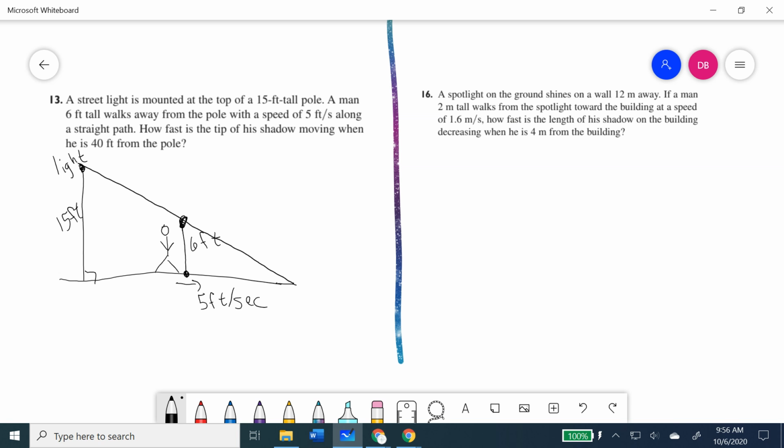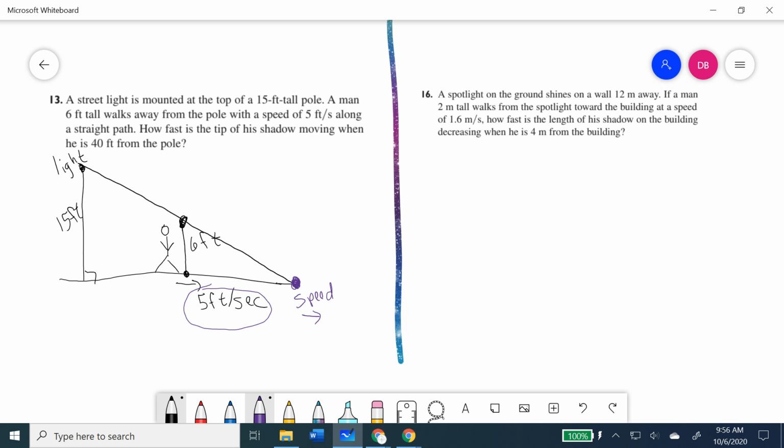When it asks how fast is the tip of the shadow moving, it's referring to this singular point. What is its speed? Now, the person, we are told that the person is walking at this speed.